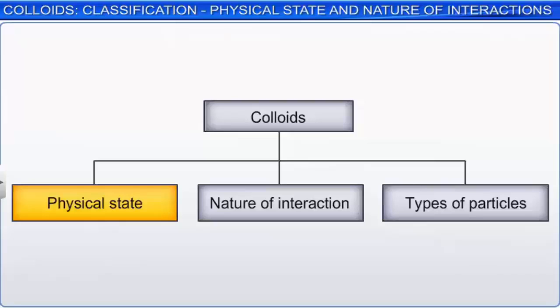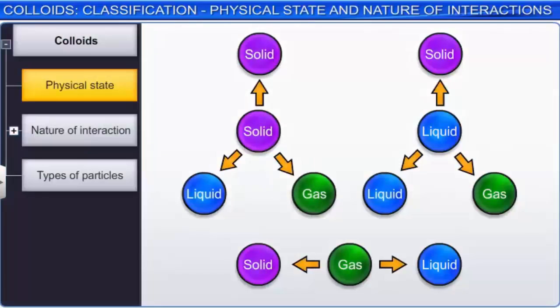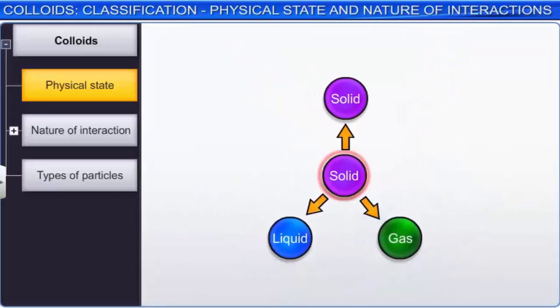Depending upon the physical state of the dispersed phase and dispersion medium, 8 types of colloidal systems are possible. Dispersion of a solid in a solid, liquid, or gas dispersion medium results in the formation of a solid sol, fluid sol, and an aerosol respectively.